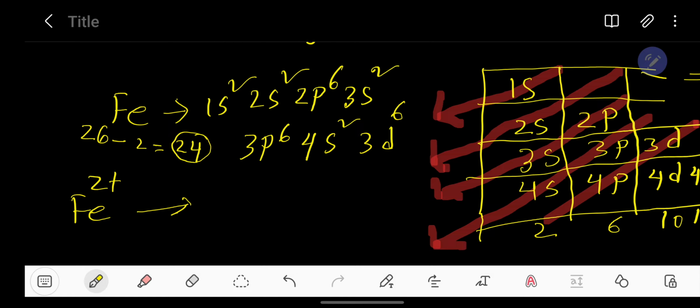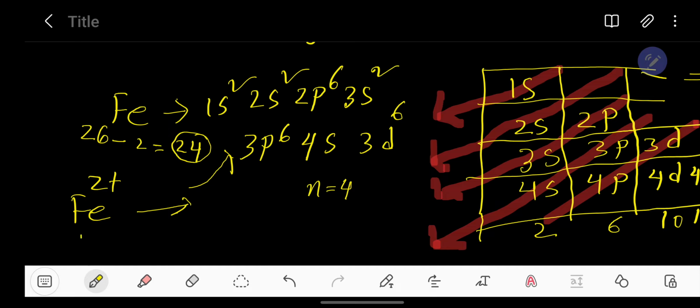These 2 electrons will go from the outermost shell. The outermost shell can be found by looking at the value of the principal quantum number n. Here the highest value of n equals 4, right? So 2 electrons will go from this. So this is the electron configuration of Fe2+.